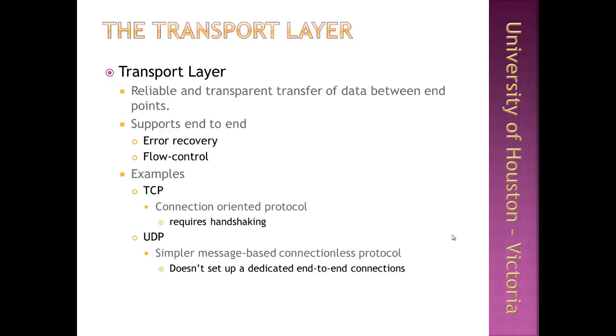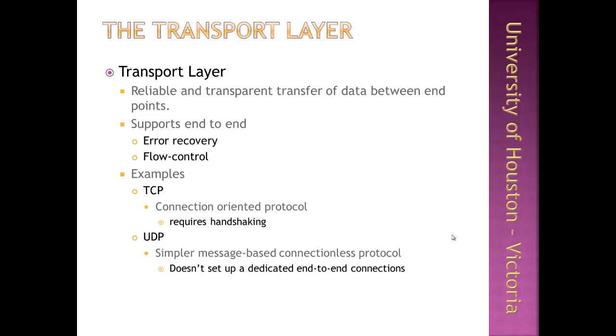Above your network layer, you have the transport layer. The transport layer is responsible for reliable and transparent transfer of your data between the two endpoints of your network. It also supports services for the end-to-end flow control and end-to-end recovery of the errors in your network.